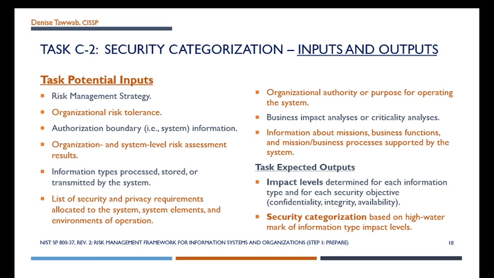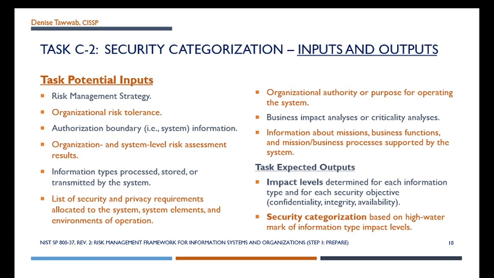And what that means is the categorization of the system is going to be based on the highest categorization for one of the security objectives. So if the highest categorization of confidentiality, integrity, and availability for each information type and for each security objective is moderate, then the system is going to be a moderate system.